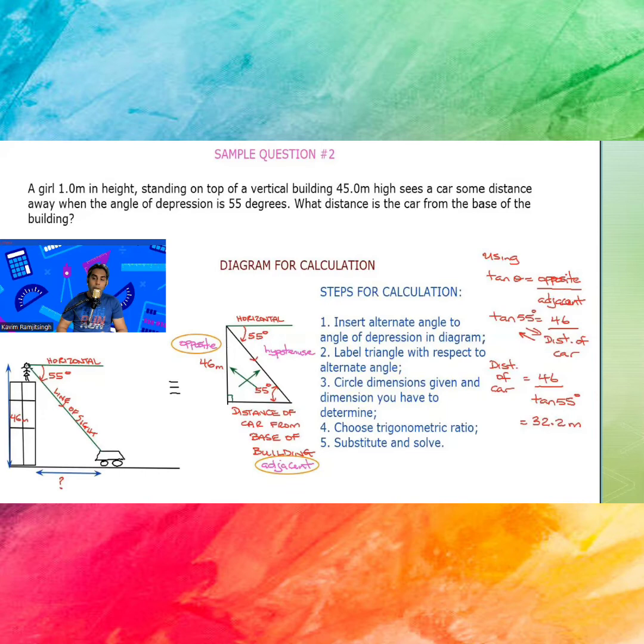We label the triangle with respect to the alternate angle: opposite, adjacent, hypotenuse. Circle again your dimensions that you have and what you need, and then use your trigonometric ratio, substitute and solve. So again, the trig ratio that we'll use is tan. So we put down our equation, we substitute, and we see that the distance the car is from the base of the building is 32.2 meters.